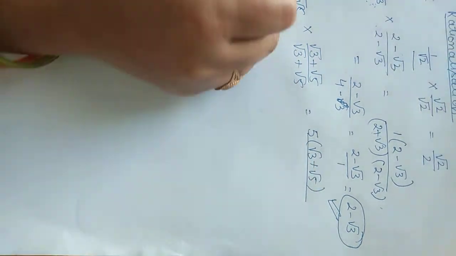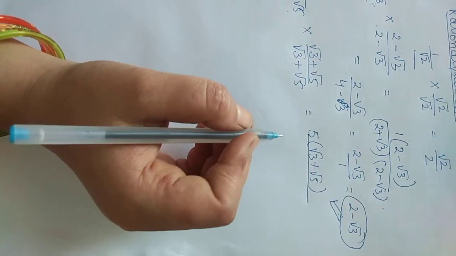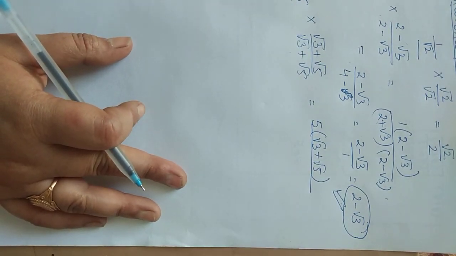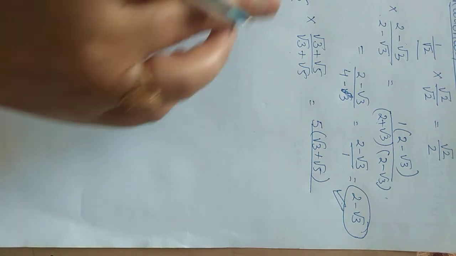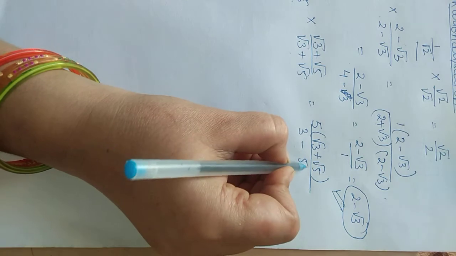Again, a minus b times a plus b is a square minus b square. When you square a root, the root is removed. So root 3 square is 3 only, and root 5 square is 5 only.